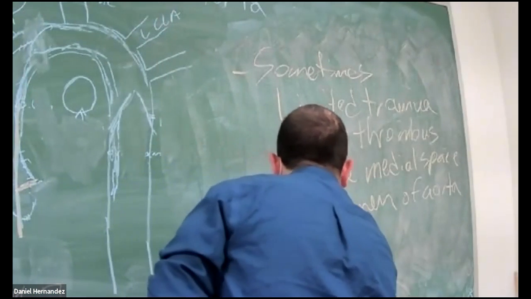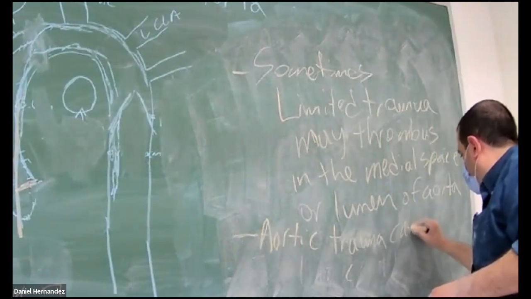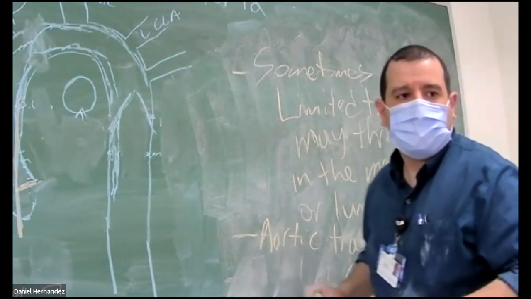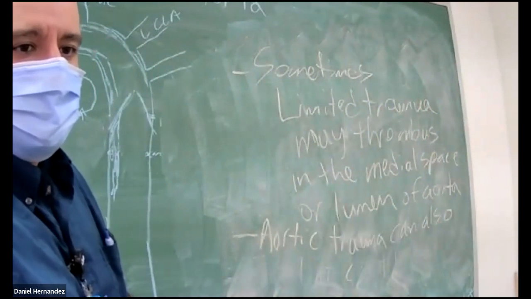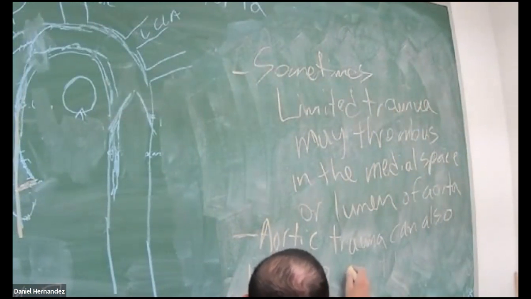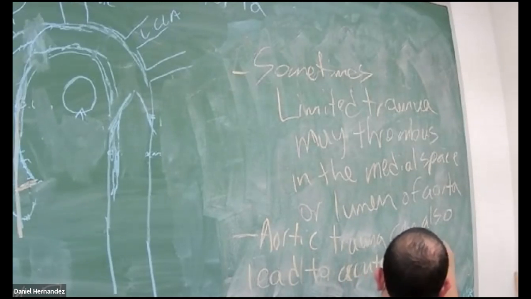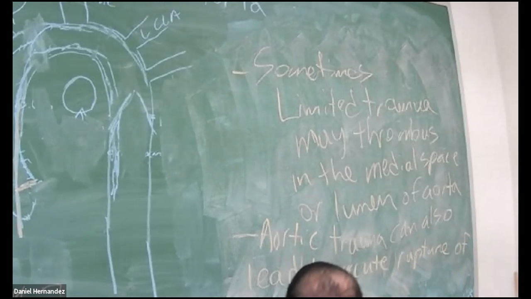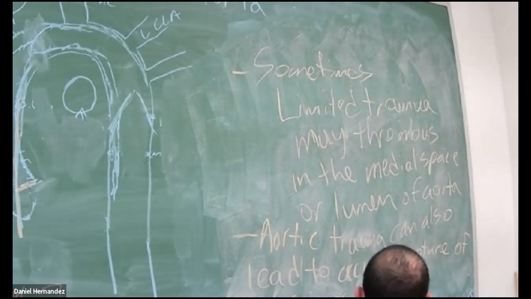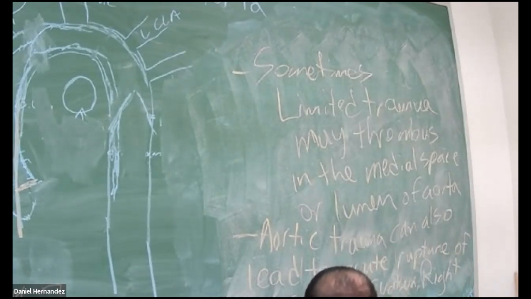Aortic trauma can also lead to acute rupture of the sinus of Valsalva, particularly the right sinus usually.